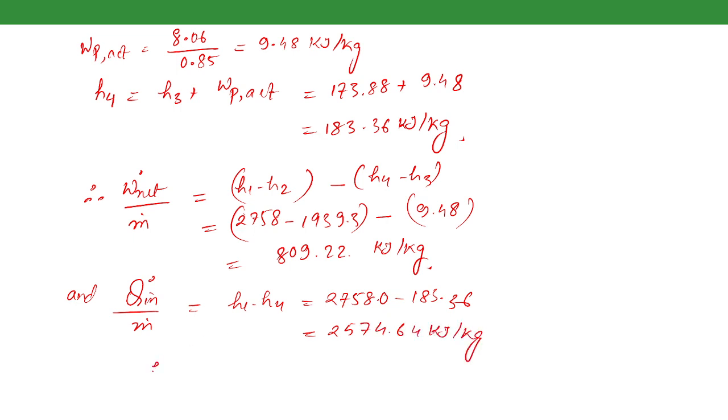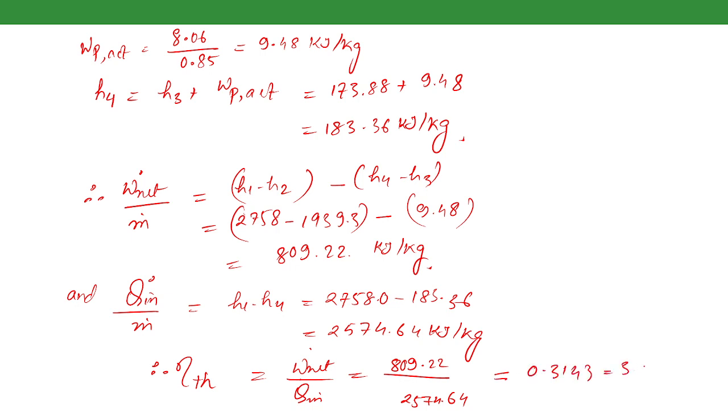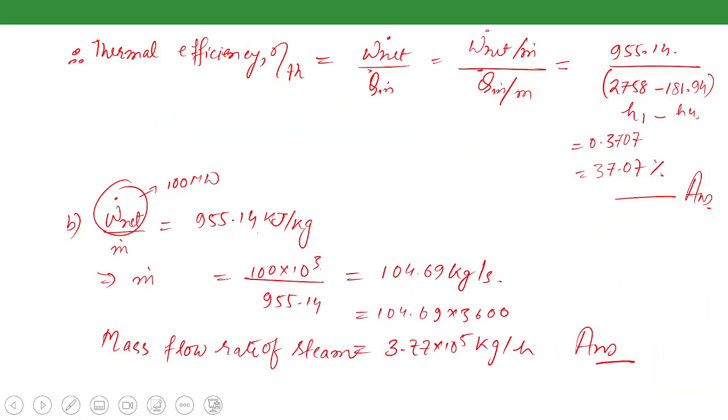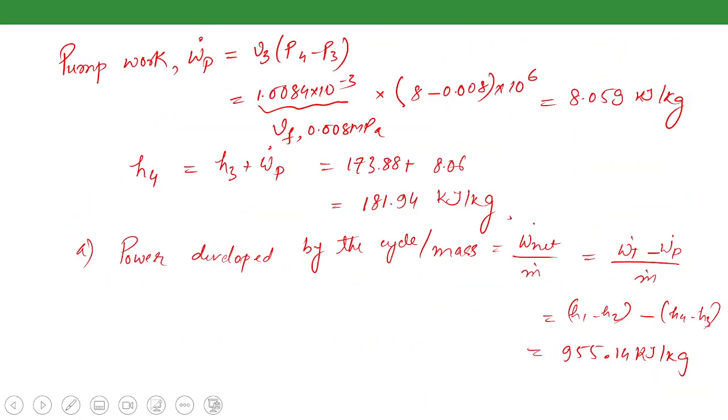Therefore the thermal efficiency is W net by heat input. So this is 809.22 by 2574.64, so it comes out to be 0.3143 or 31.43%.